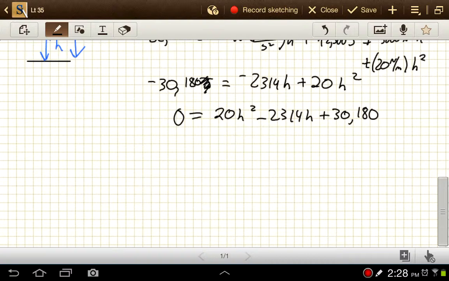I'm going to solve this one by graphing. In my calculator, I'm typing 20x squared minus 2314x plus 30,180, and I'm graphing that. And I'll just do the zoom fit. That'll help speed this up a little bit.